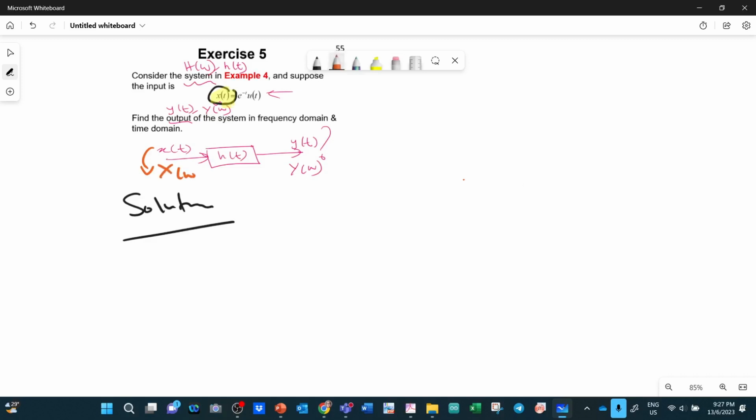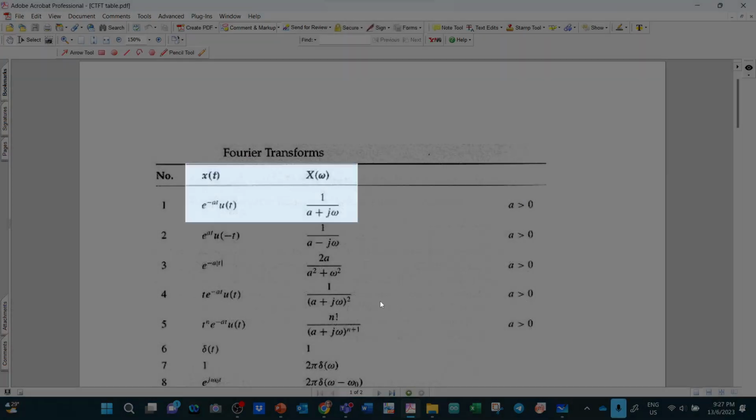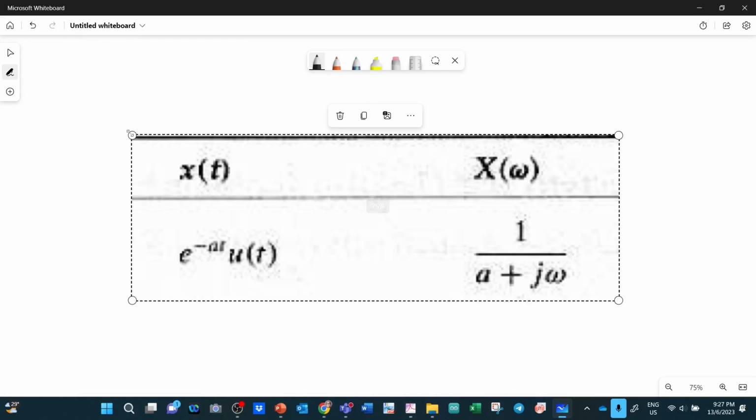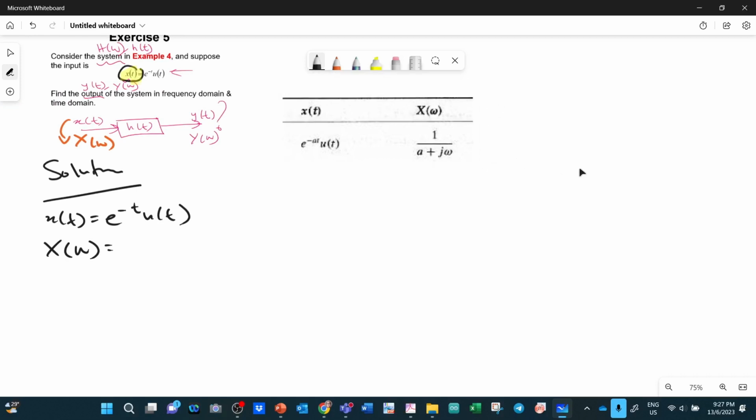X omega: x(t) is given by e to the minus t u(t). So what is X omega? By referring to the Fourier transform table, your X omega is 1 over... your A is 1, so 1 over j omega plus 1.